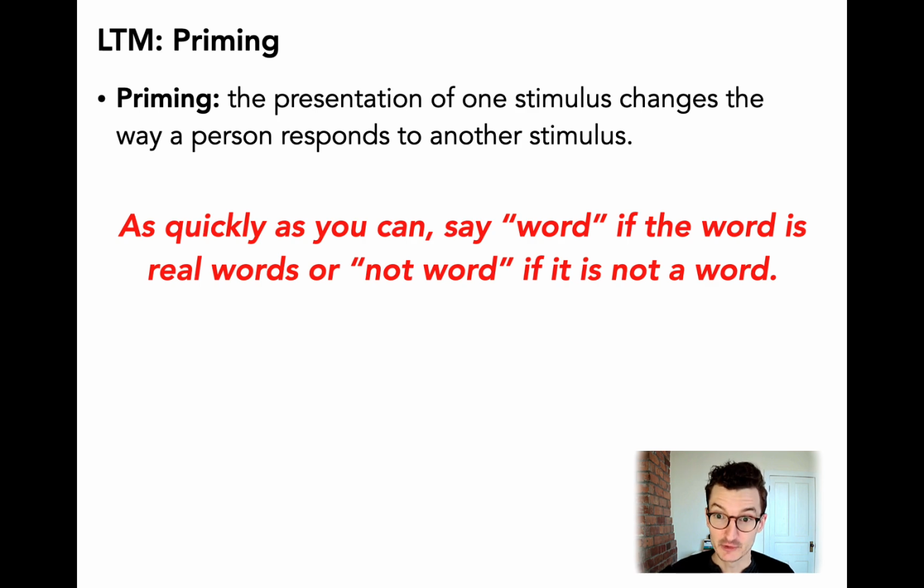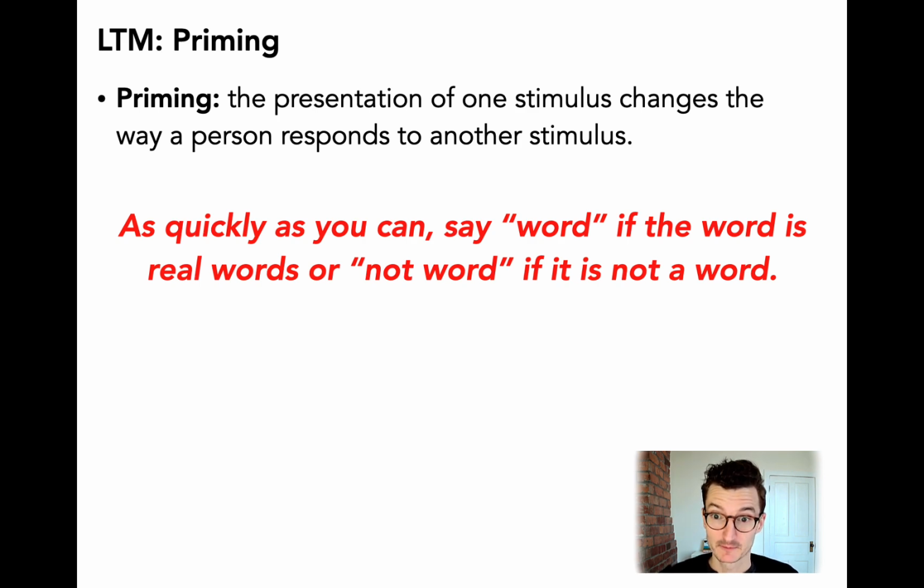And what we see is that if you respond to one word, let's say like tree, you're a bit faster to respond to related words that follow it, like leaves. And so this is an example of what we call lexical priming. And we think priming is a non-declarative memory, a non-declarative association.